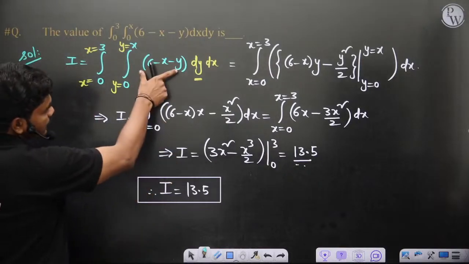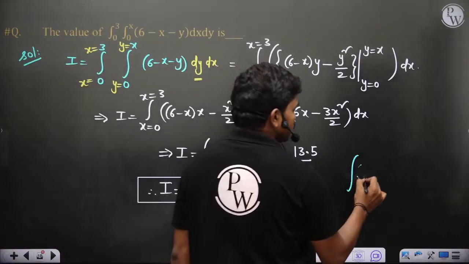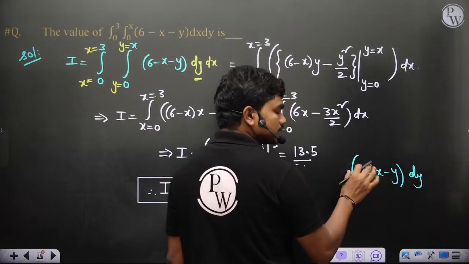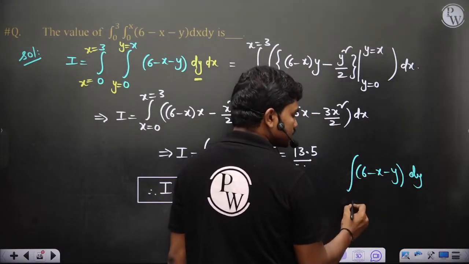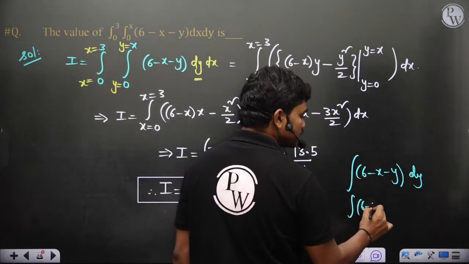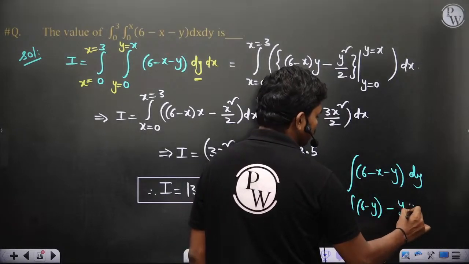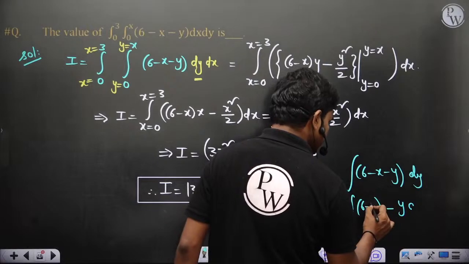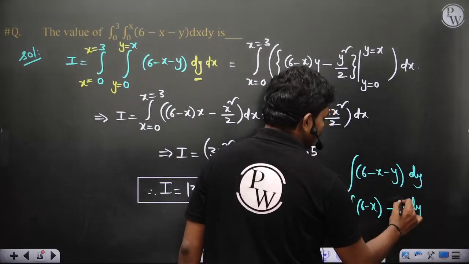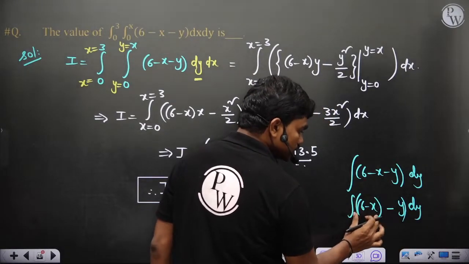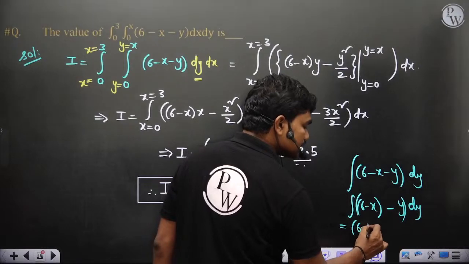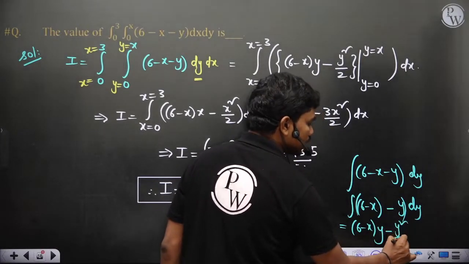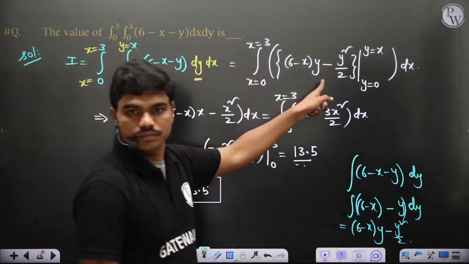Because if you are integrating 6 minus x minus y dy, and you want to treat x as constant, so this 6 minus x is a constant, so this integral can be written as 6 minus x minus y dy. Now when you are integrating this, if this is constant, the integration value is 6 minus x into y, then after this minus sign is there, so minus y square by 2 actually here, that's why there is a minus sign.